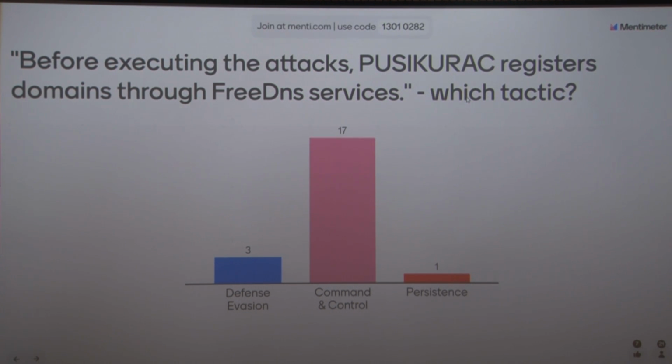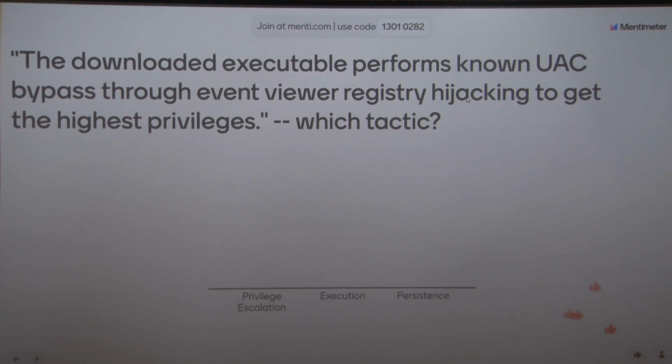So now another one: the downloaded executable performs known UAC. What is UAC? User Account Control, right. So UAC bypass through event viewer registry hijacking to get the highest privilege. Now you are getting the highest privilege, so there is no question that this is about privilege escalation.